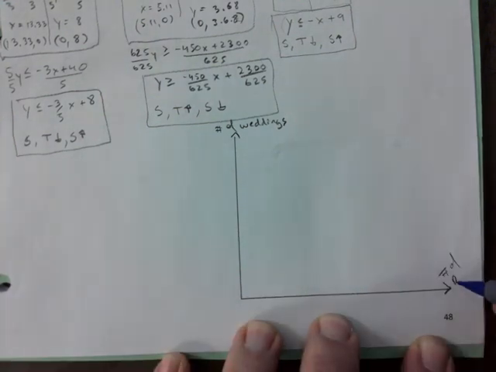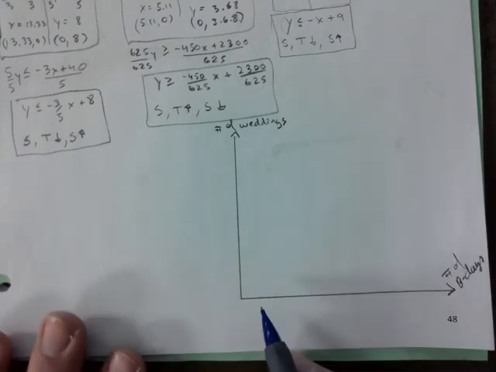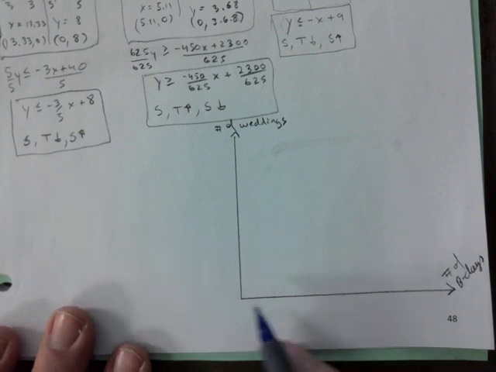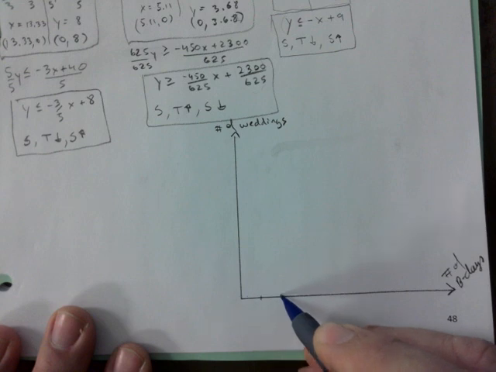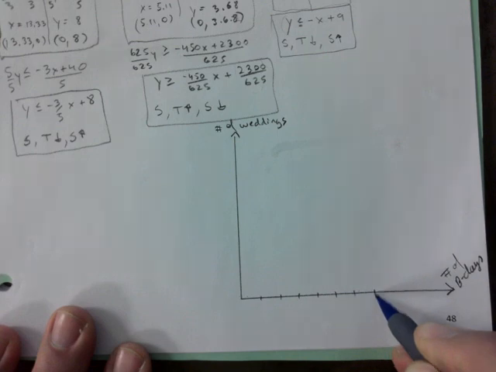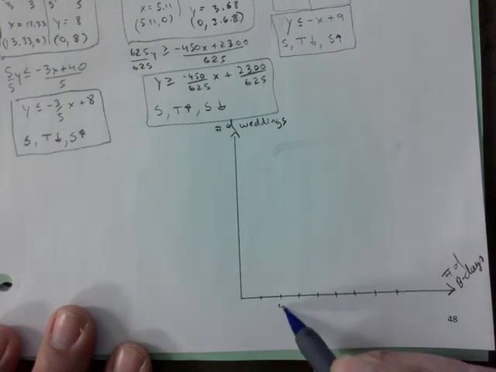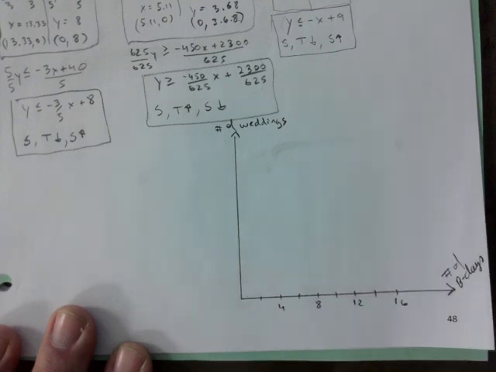Got that out of the way. I think I'm going to go up to 15 along the x-axis: 2, 4, 6, 8, 10, 12, 14, 16. That'll do the trick.